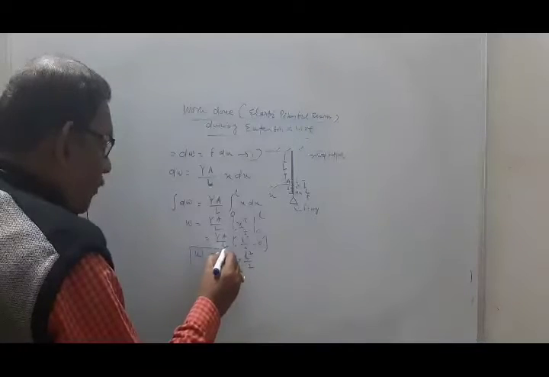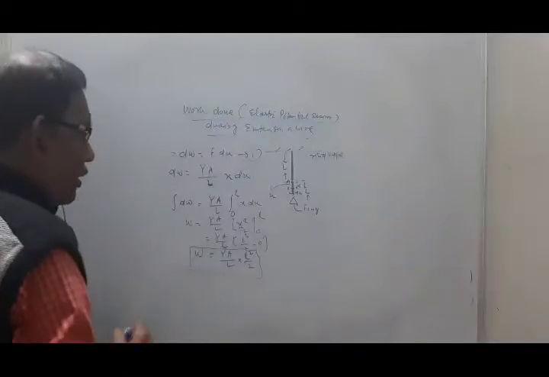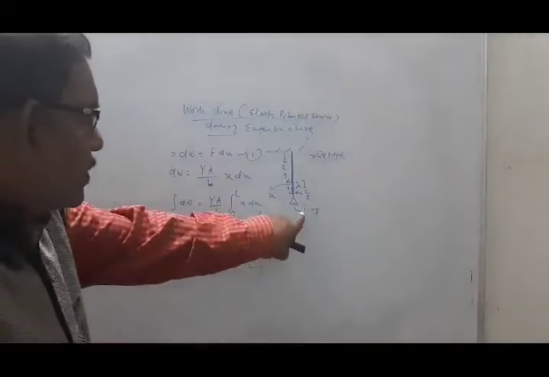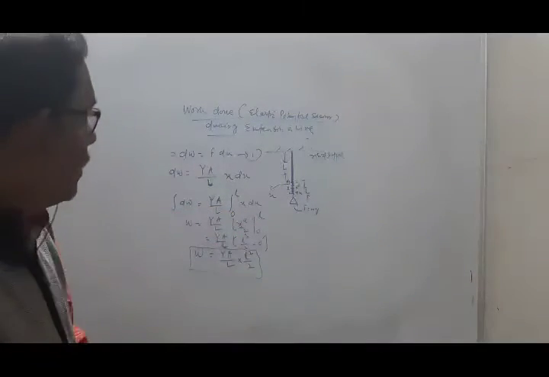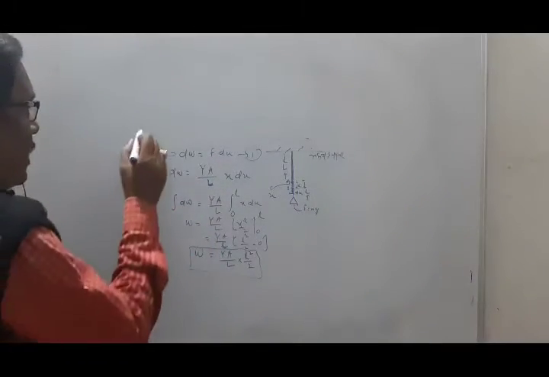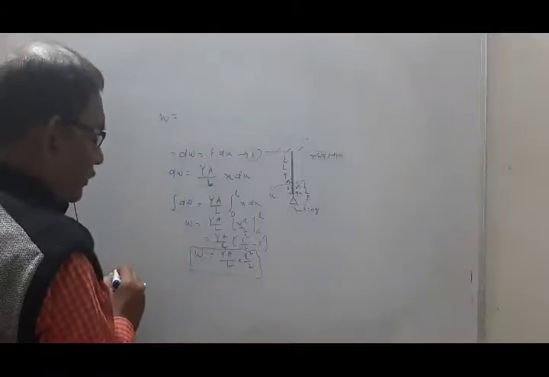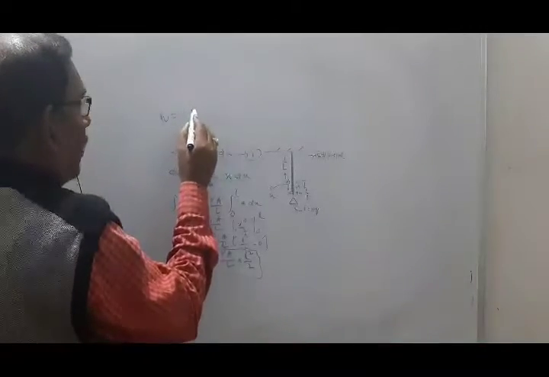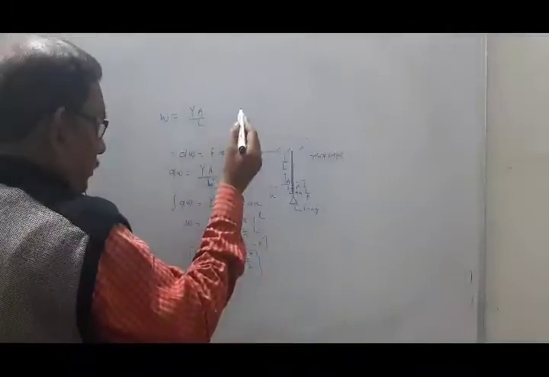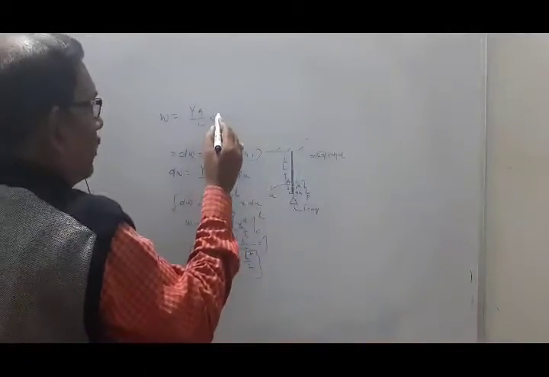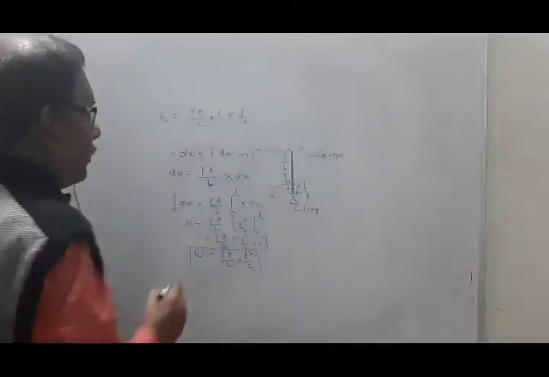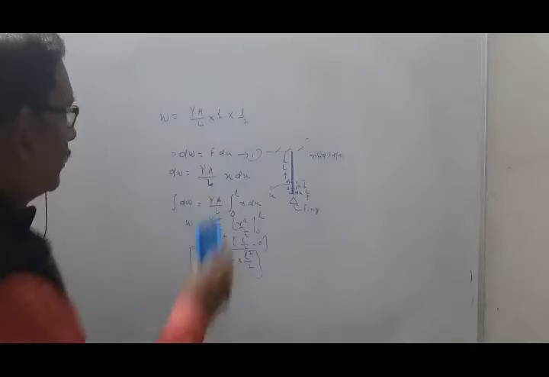So this is the final equation of the work done during the extension of a wire with a load F. Now this work done W can be expressed in this way: Y A by L into l into l by 2.